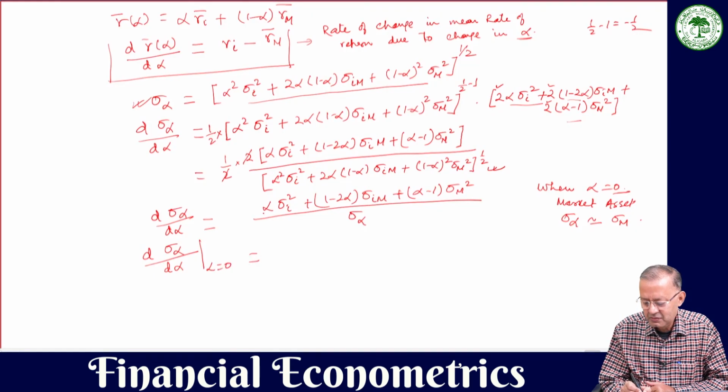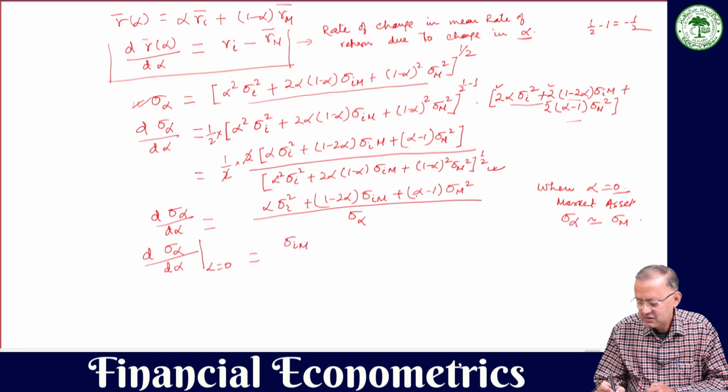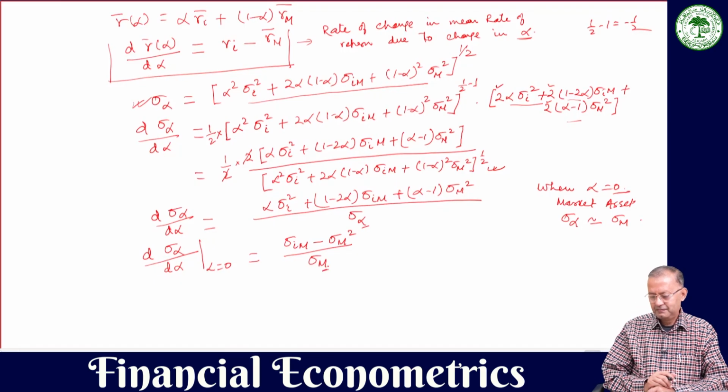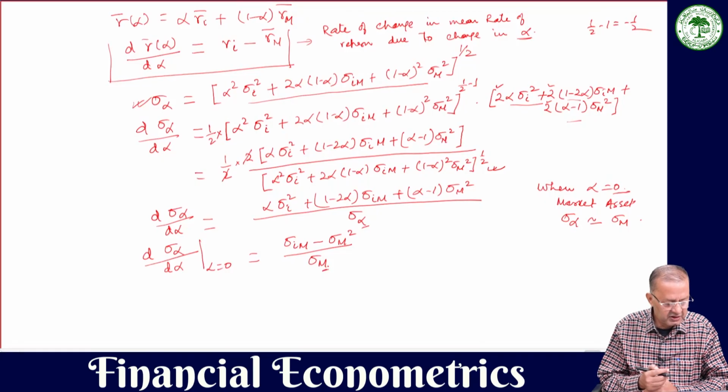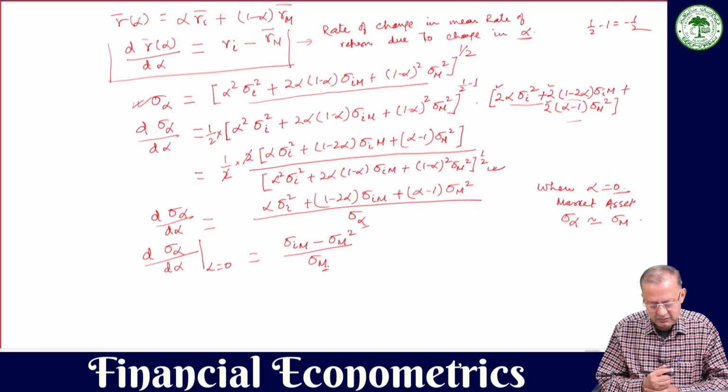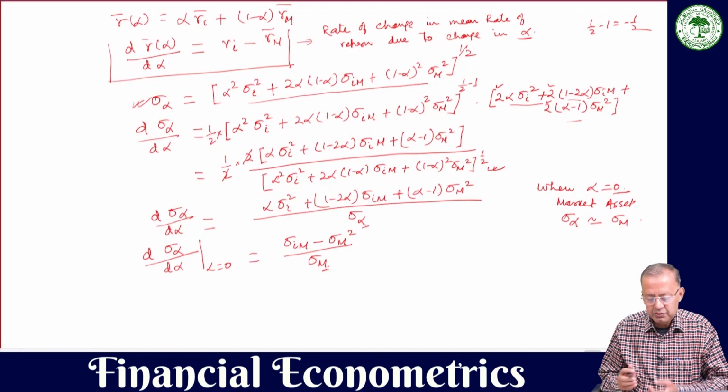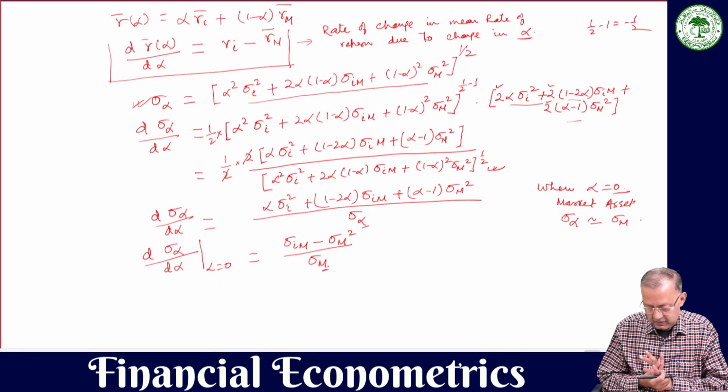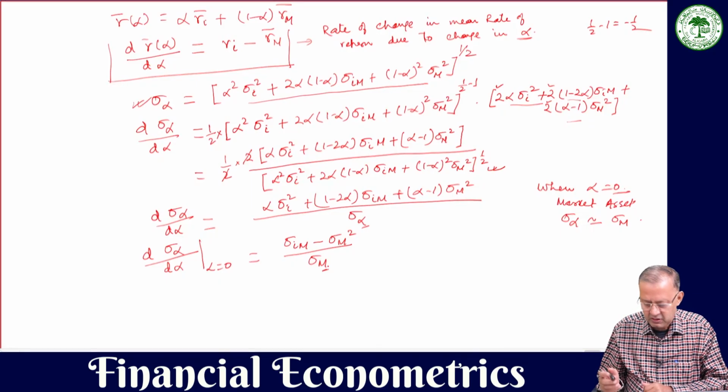This term will become 0. This will be sigma im plus 0 minus 1 sigma m square, so this will be sigma im minus sigma m square upon sigma m, as sigma alpha is replaced by sigma m when alpha is equal to 0. Clear?